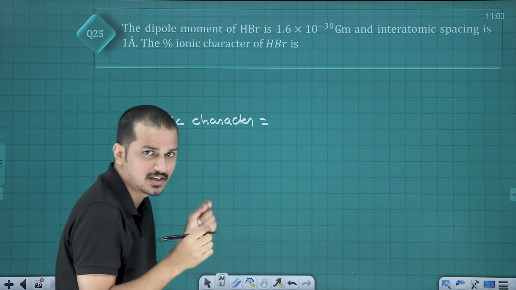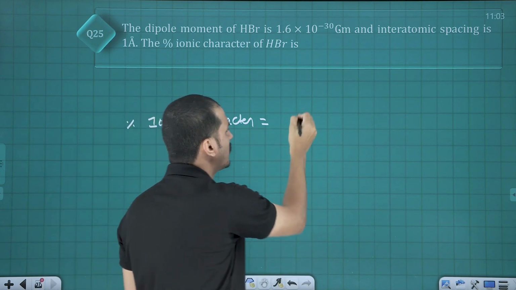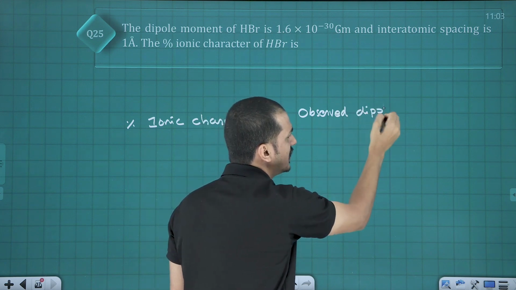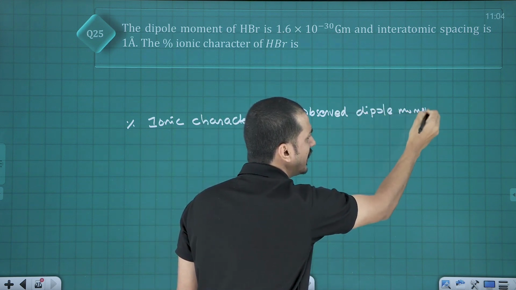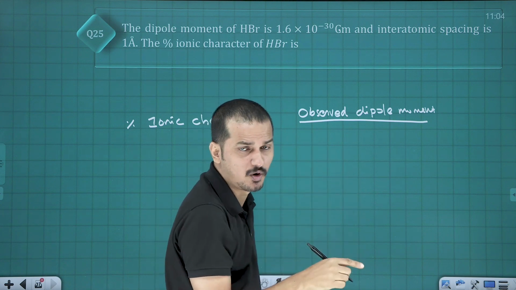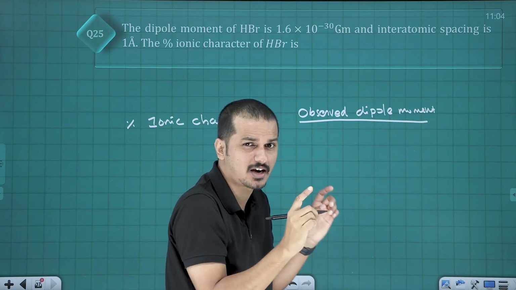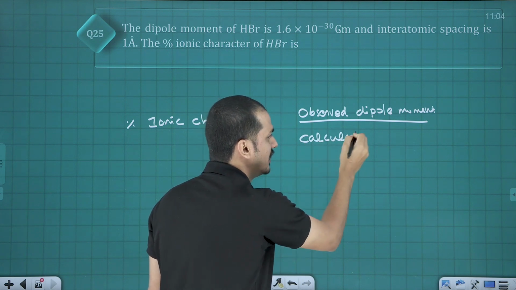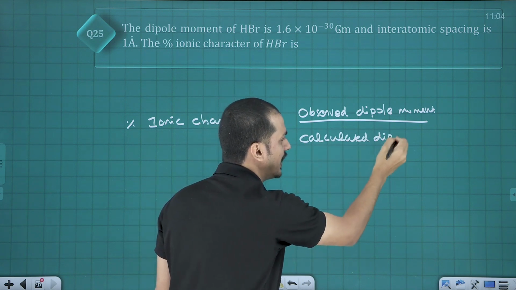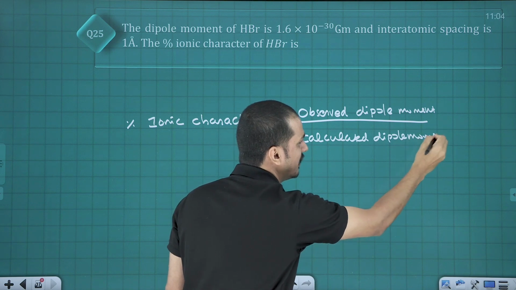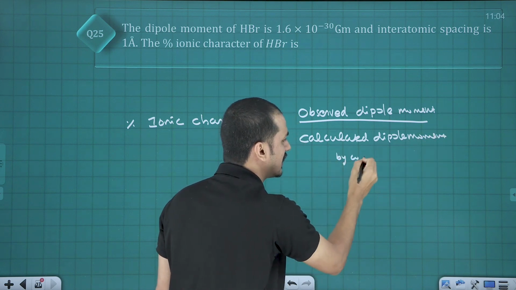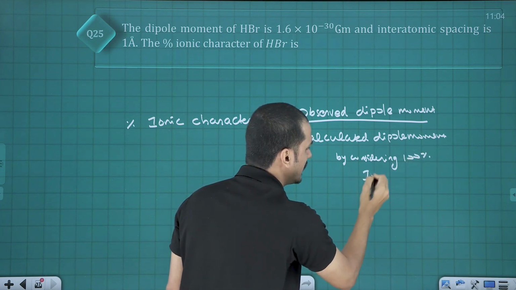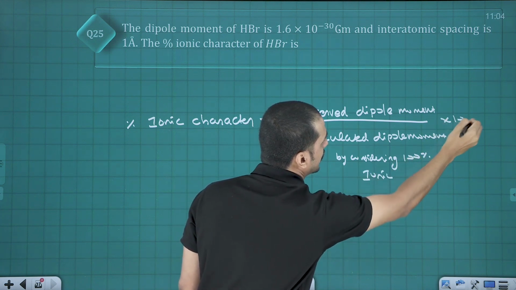Percentage ionic character is equal to observed dipole moment divided by calculated dipole moment by considering the bond is 100% ionic, into 100.